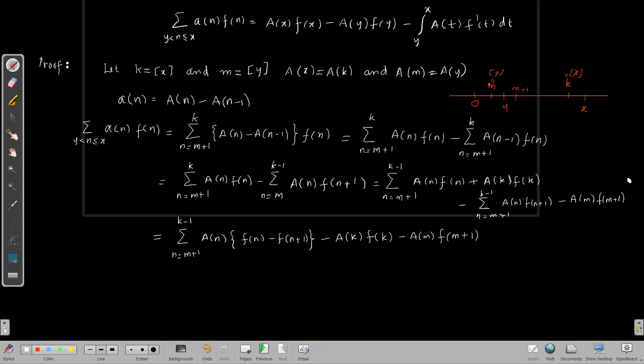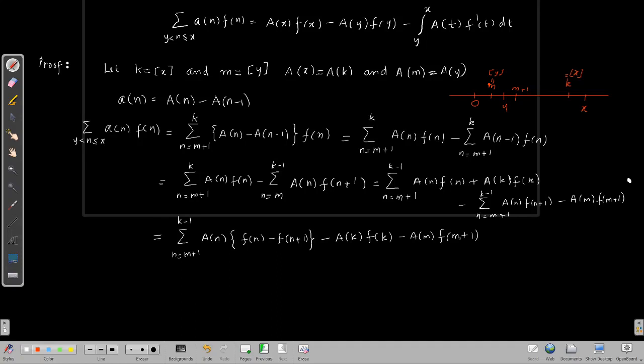And f of n minus f of n plus 1 can be replaced by an integral. This is the integral of f dash from n plus 1 to n, so that can be written as minus the integral of n to n plus 1 of f dash of t dt.